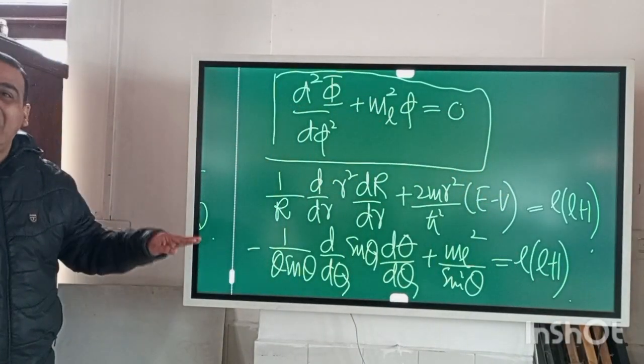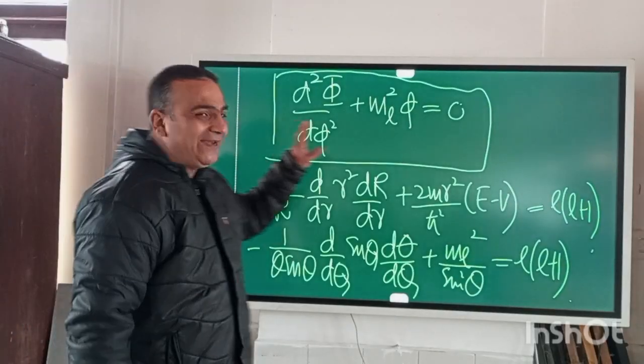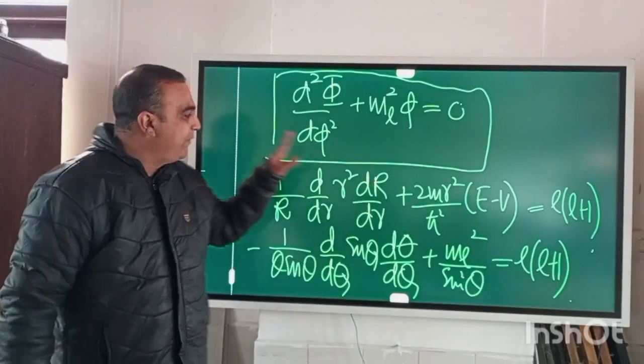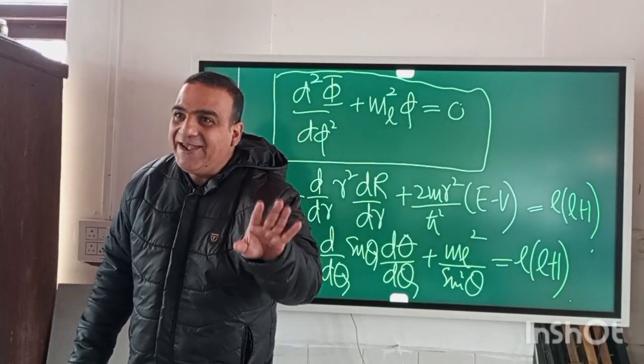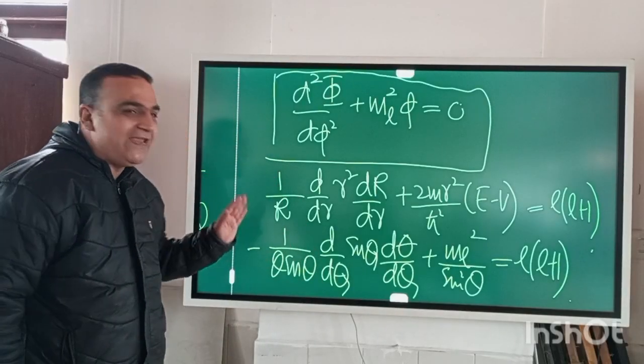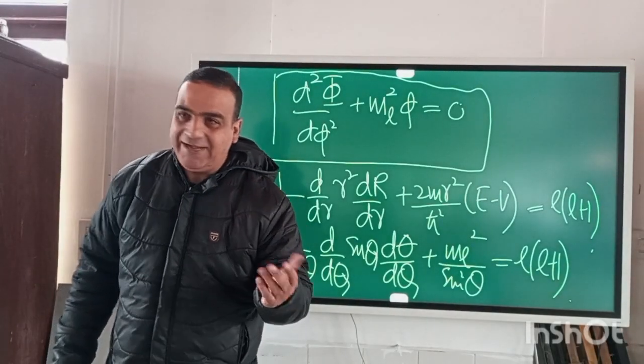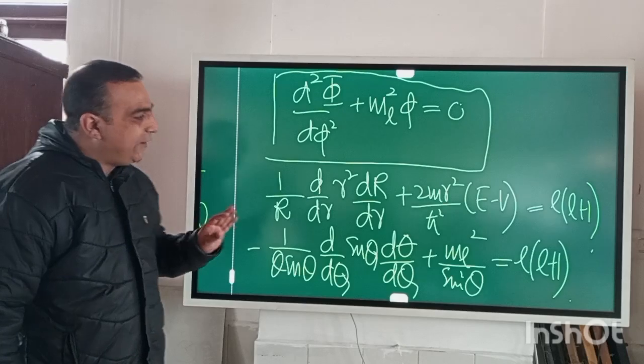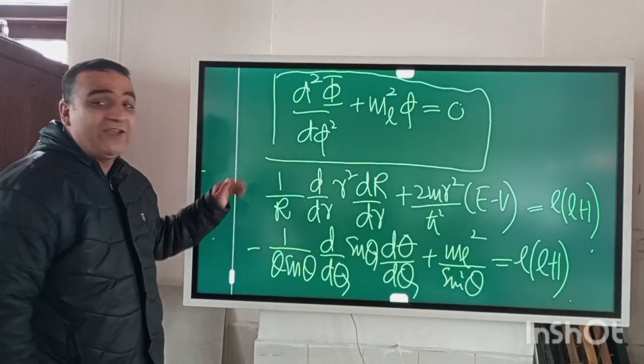Now you have three equations: equation 1 in terms of the azimuthal angle, equation 2 in terms of the radius, and equation 3 in terms of the angle.